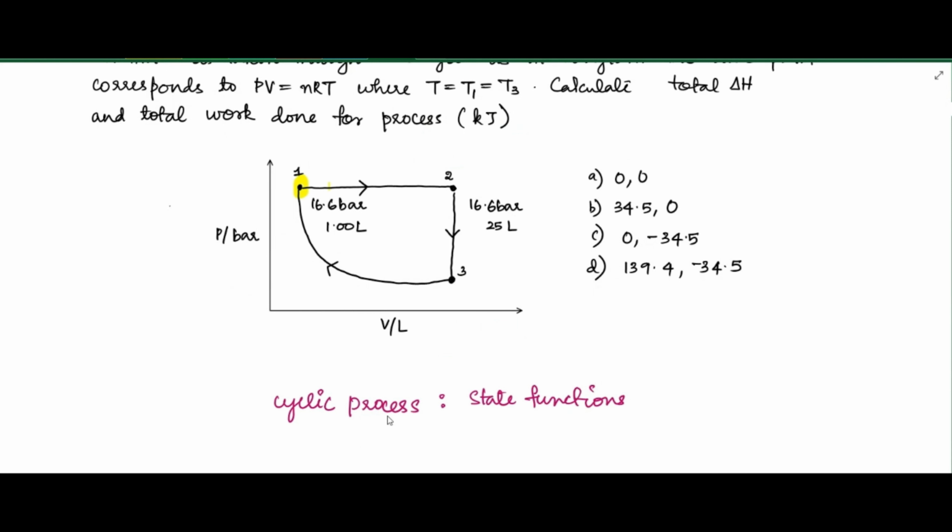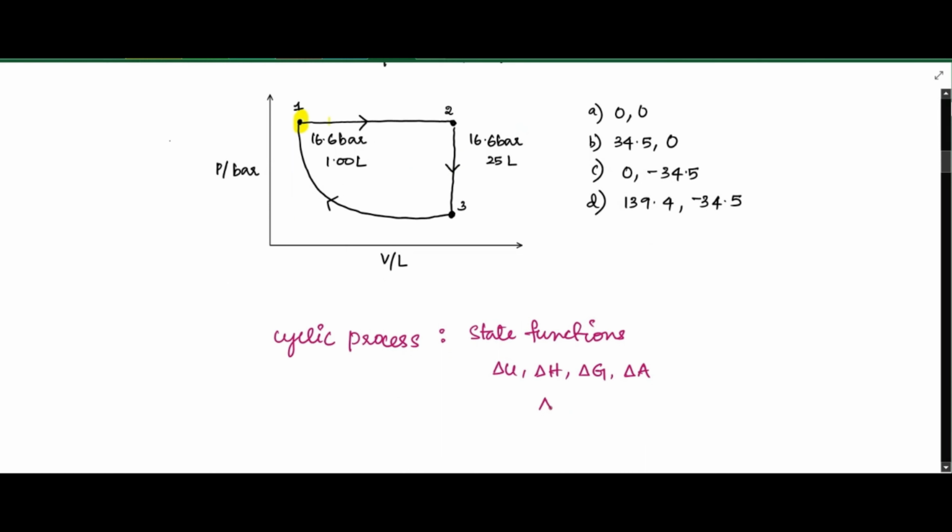Such functions are called state functions, and the most common state functions are delta U, delta H, delta G, delta A, delta T, delta S, delta P, delta V. These are all state functions.